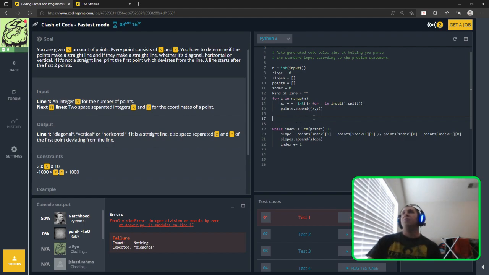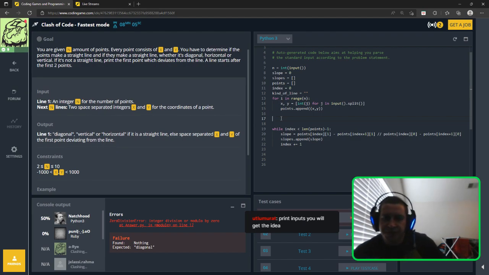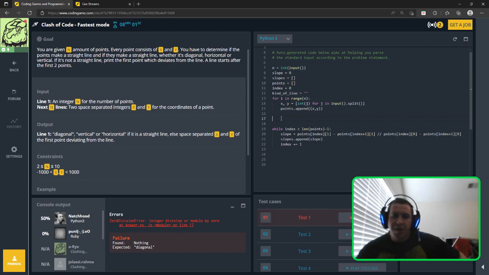Then we could do while they're the same. Yes, exactly, the 3 conditions. We take the first slope, and then if it's either a -1 or a 1, then we know it's a diagonal.